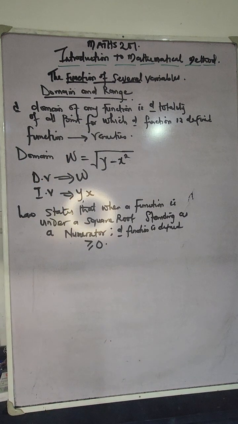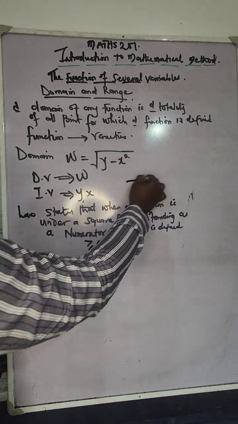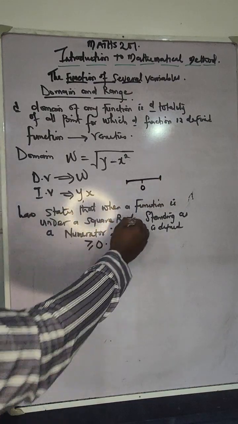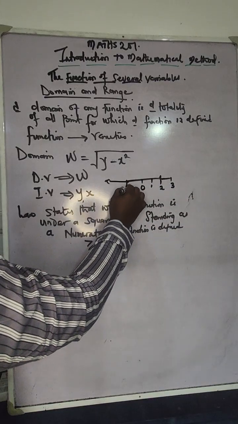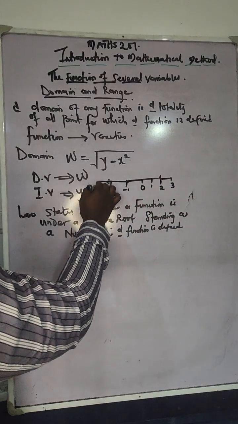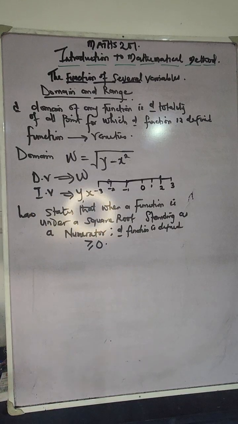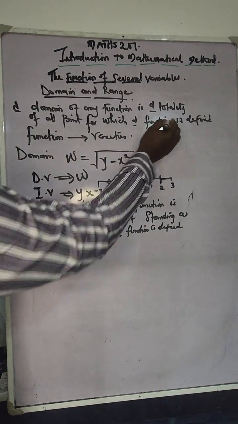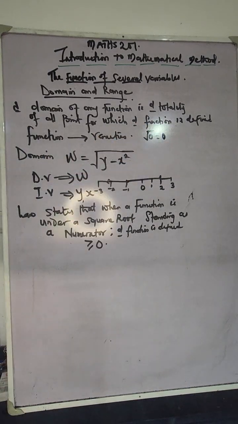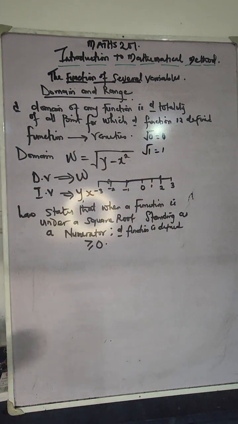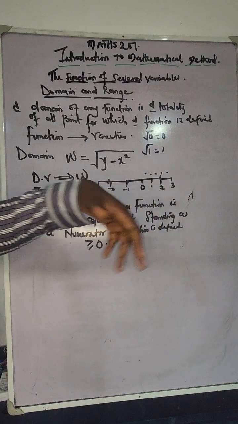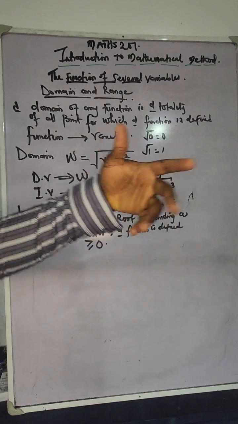Let me explain. On the number line, if we have 0 here, we have 1, 2, 3, and we have -1, -2, -3. Whenever we take the square root of, say, 0, you have an answer, 0. True or false? True. If you take the square root of 1, 2, or 3, you have an answer. If you are approaching the positive side, you will have an answer.